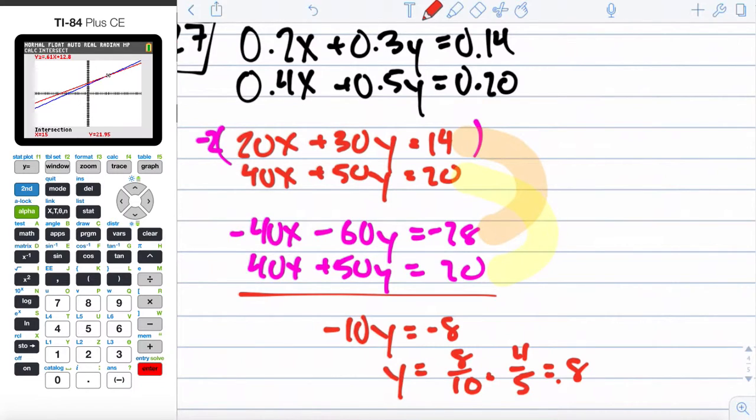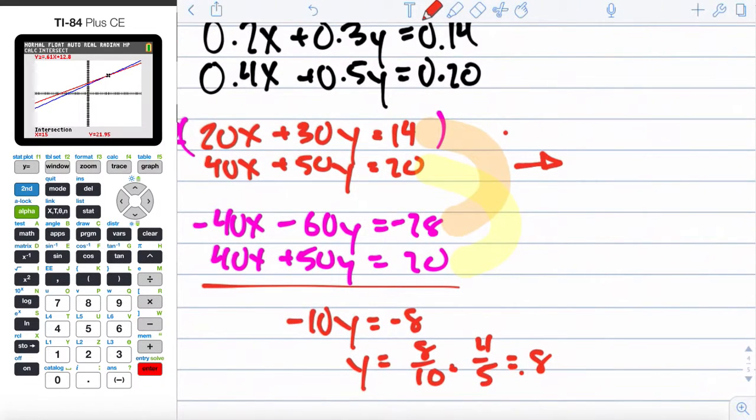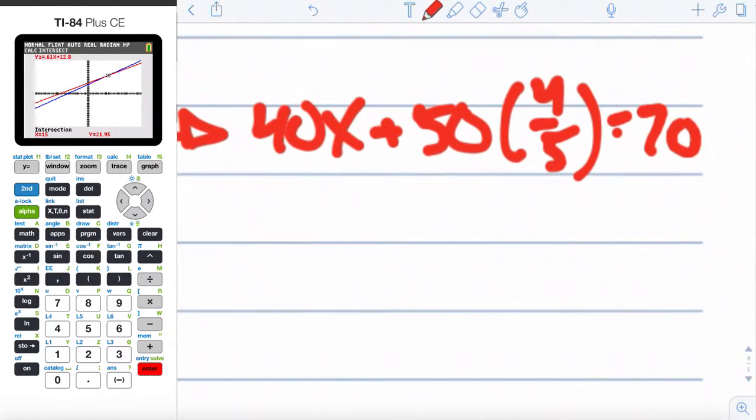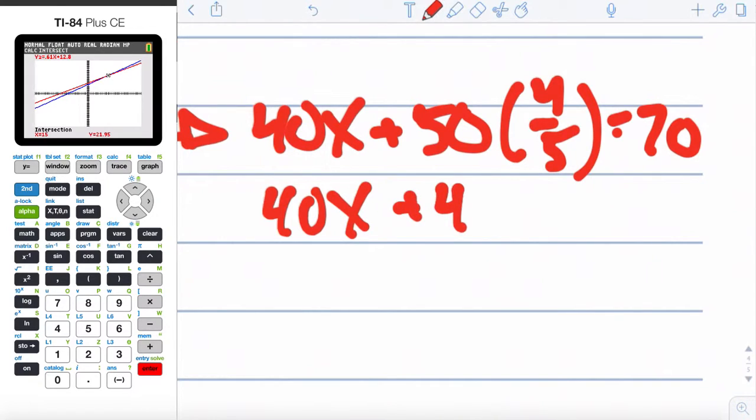Let's take this equation. I get 40x plus 50 times 4/5 equals 20. So I'll get 40x plus 40 is equal to 20.